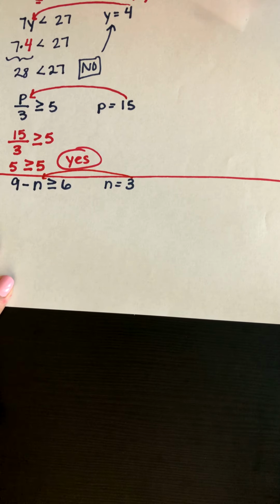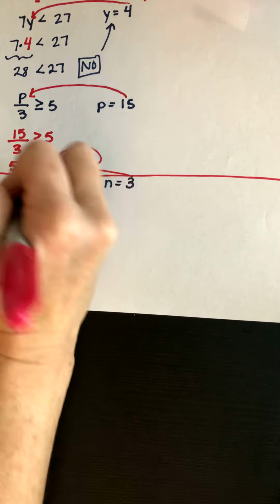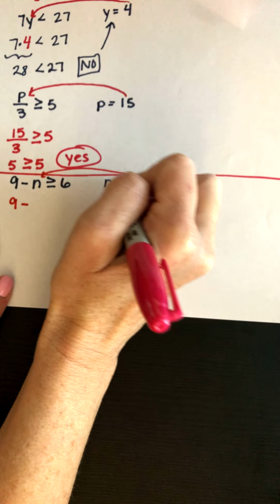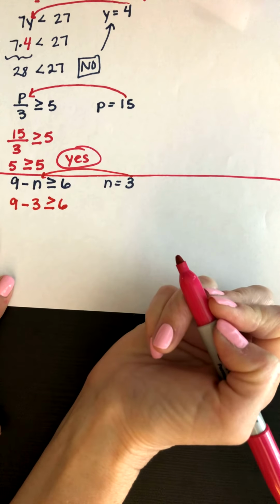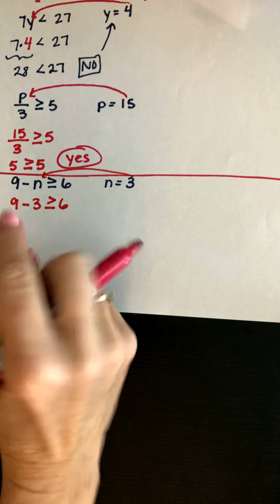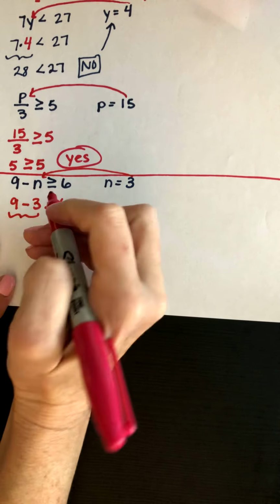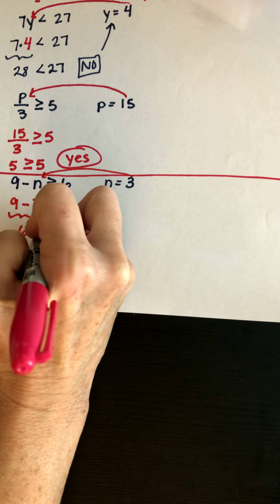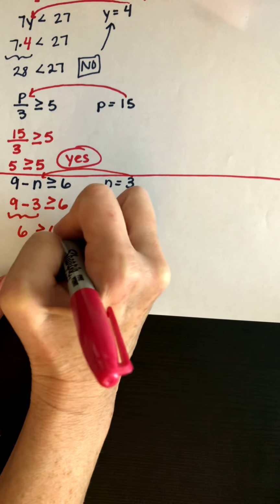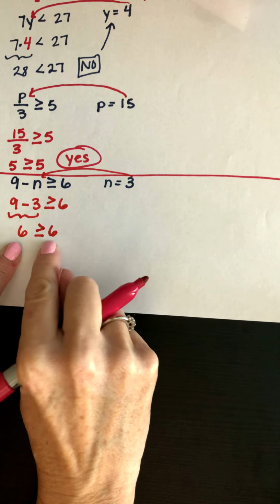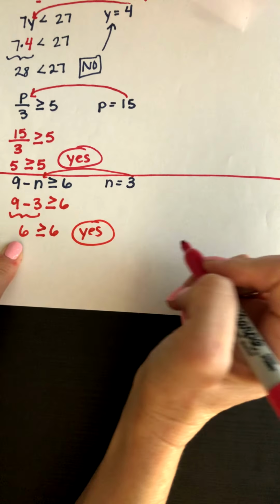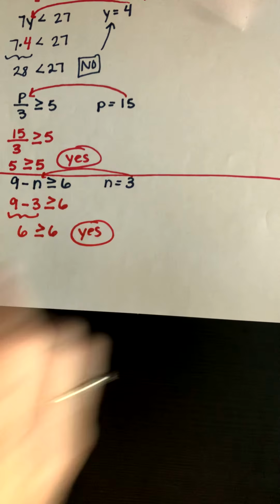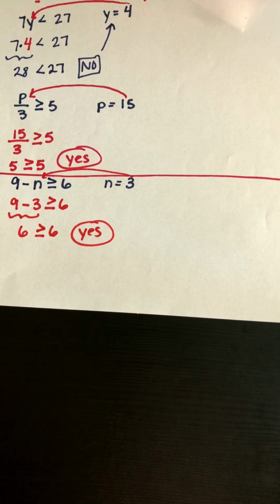So now I have 9 minus 3 is greater than or equal to 6. 9 minus 3 is 6. Is 6 greater than or equal to 6? Well, 6 is equal to 6. So your answer here is yes. n equals 3 is a solution.